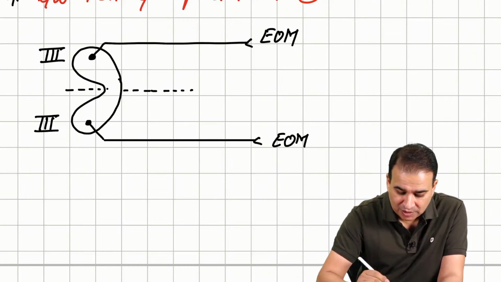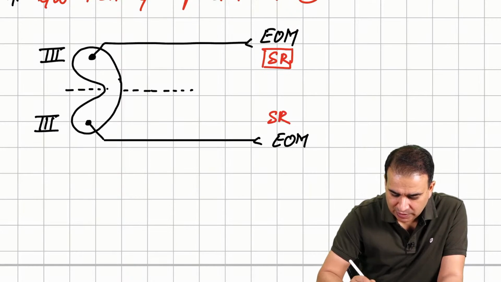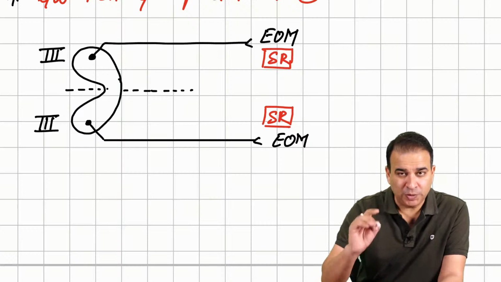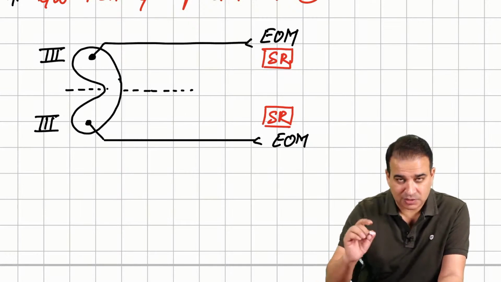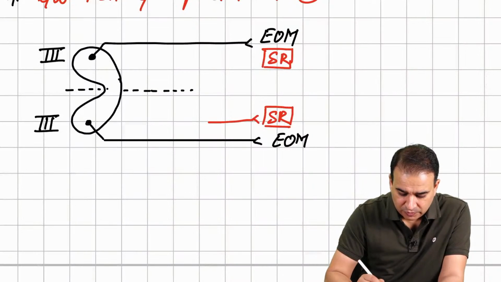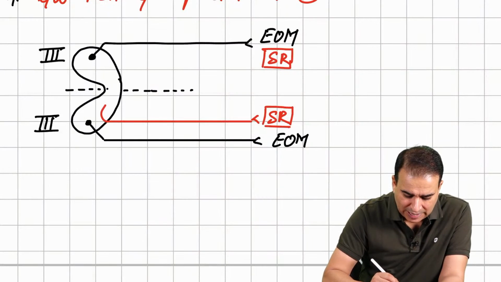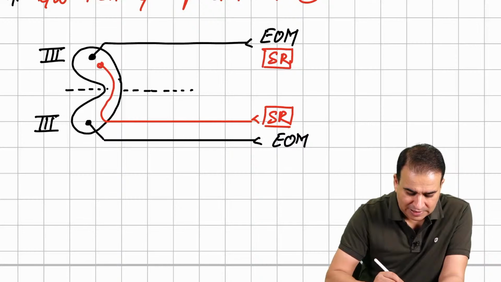What makes the superior rectus special, guys? Let me write the superior rectus muscle of both sides here: superior rectus of left side, superior rectus of right side. Superior rectus is supplied by the nerve, now I'm drawing it in a reverse manner, guys, the nerve is of the same side only, but its nucleus is actually present on the contralateral side, like this.